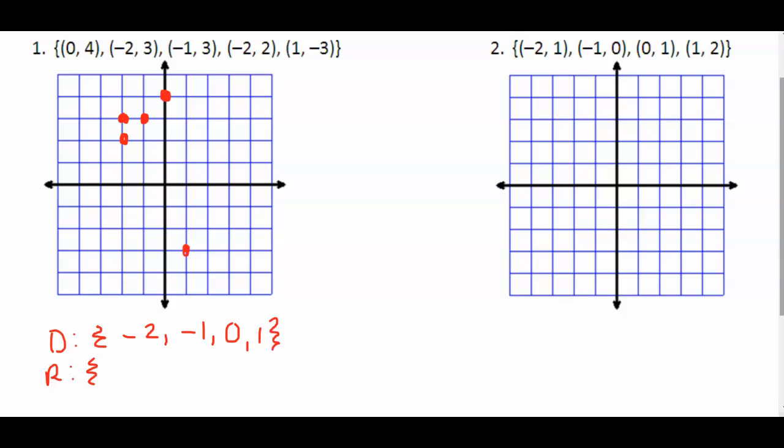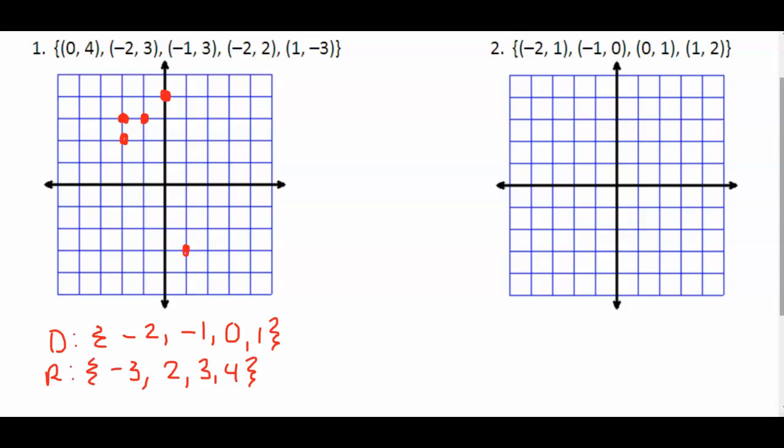Again, even though -2 repeats up here, we don't repeat it in our set notation. The range is the y values, so that's -3, 2, 3, and 4.